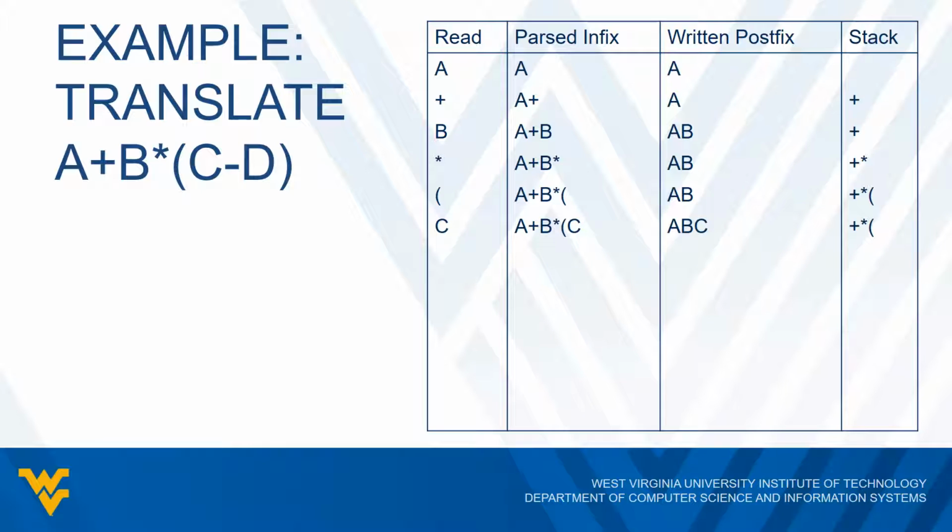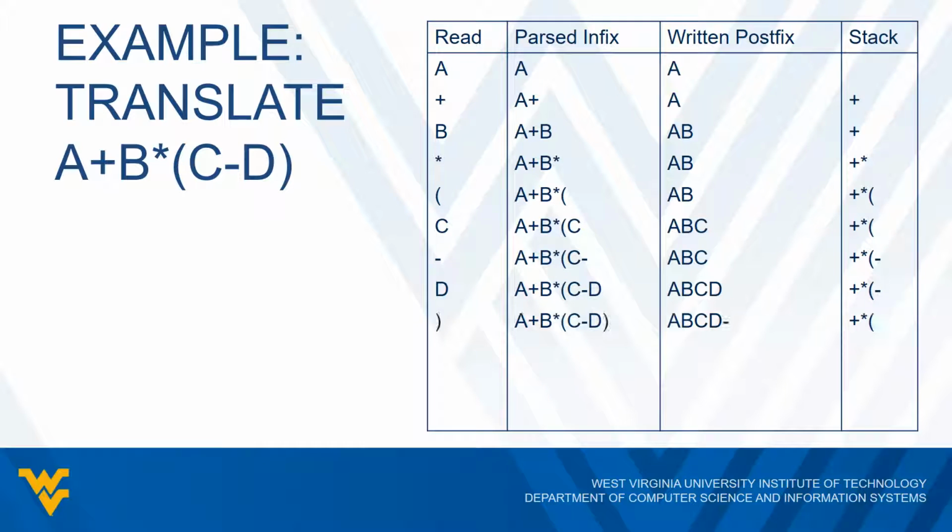We then read the C, so we're going to write that to our postfix notation. We then read the minus sign. We can't evaluate anything yet, so we'll push the minus sign onto the stack as well. We then read the D, so we're going to put that on our postfix string. And then we still have to see what comes next before we can evaluate anything.